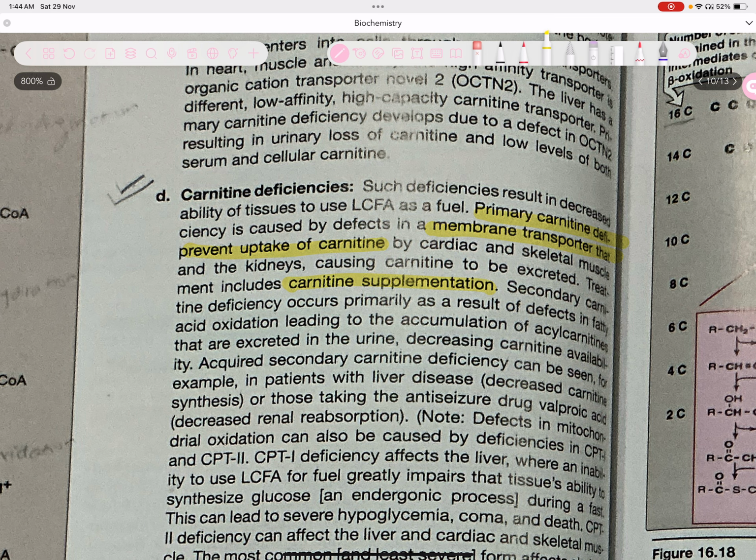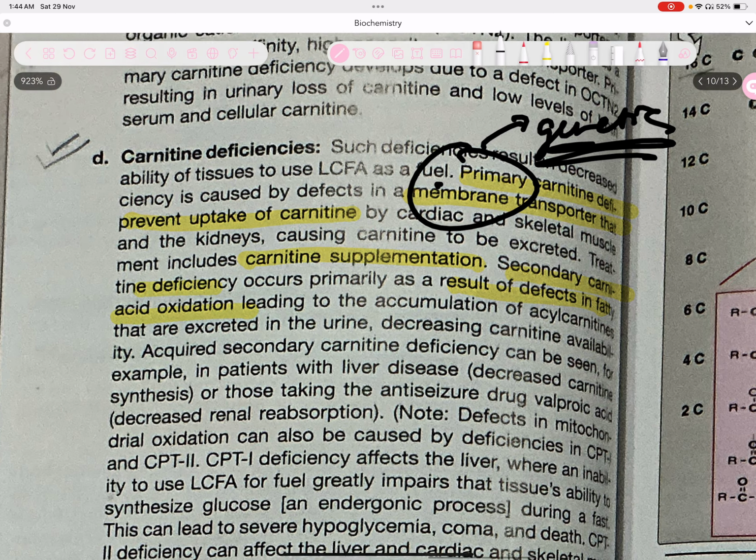Then moving forward, secondary carnitine deficiency, what happens there? It primarily occurs as a result of defects in fatty acid oxidation. Here there's no problem with the transporter protein. The transport protein is working perfectly fine. In primary deficiency, the transporter protein was problematic, therefore this is genetic, and from a young age itself, the person will know that they have this disease.